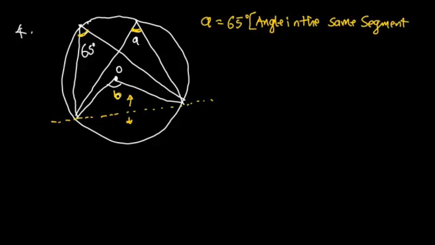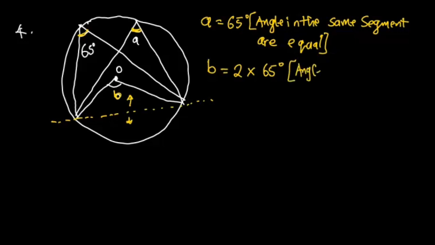So we'll head on to look at B. Now in B, we'll find that angle B is an angle at the center. And recall that the angle at the center, that is B, will be 2 times the angle at the circumference, which is 65 degrees. So the answer is simple.